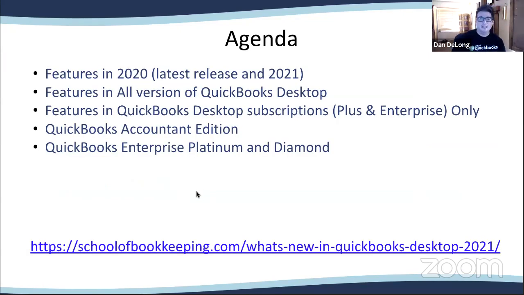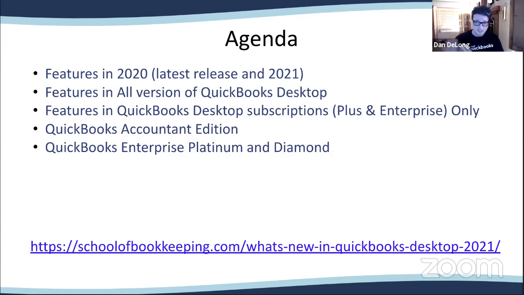So our agenda today, the way we're going to focus this is based on the features that are already in 2020. Some of those things were released midstream. They call them slipstream updates. So we'll talk about those features. It'll all be cumulative: first the features that are in all versions of QuickBooks Desktop, and then features that are in desktop subscriptions.